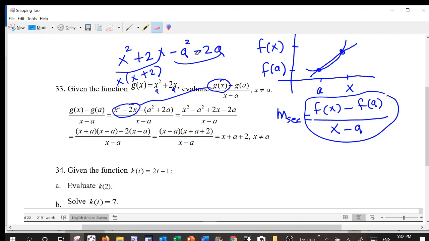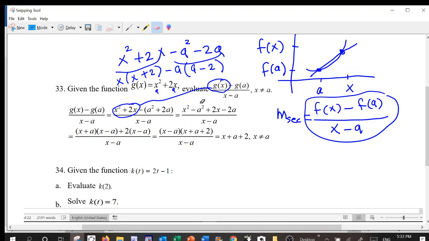And what do we get over here? We get a minus 2, right? That's not very useful, right? So what do we do? We can factor this out. Well, we can actually add something to it, so we can factor it.